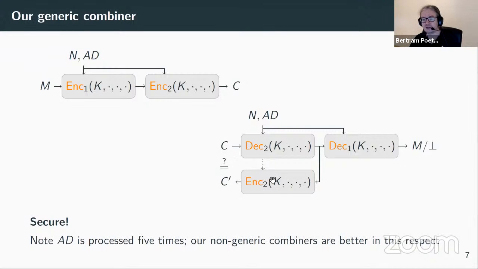The generic combiner that we propose will decrypt, re-encrypt and compare, and this is provably secure. Observe that in this construction the N and AD would be passed five times, namely 1, 2, 3, 4, 5, and our non-generic combiners will improve on that and save some resources there.